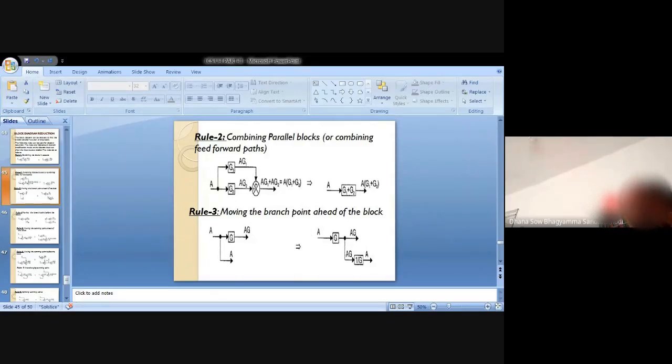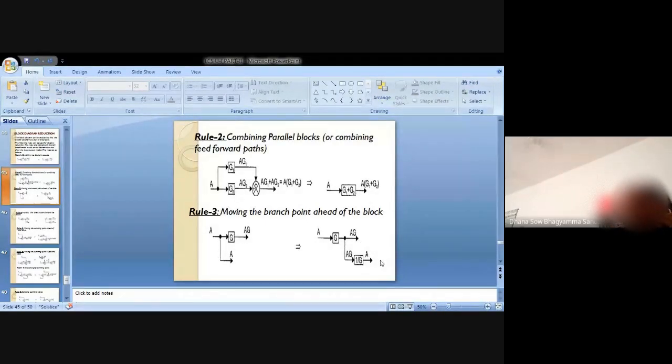Now, what I want to do is move the branch point ahead of this block, means in front of this block. So what should be the output of the signal? It should be A. A should not change.